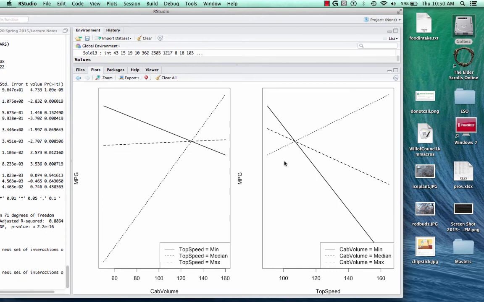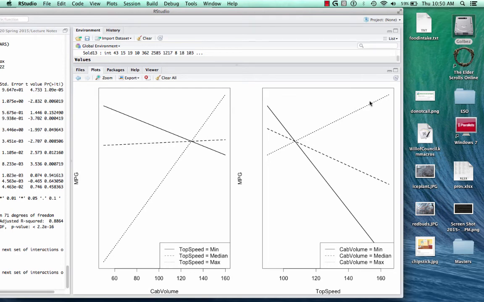All right, same story, different angle here. Here's the relationship between fuel efficiency and top speed for different sizes of the car. For the smallest cars, the relationship between fuel efficiency and top speed is very highly negative. For the median value of car size, we still have a moderately negative, but not nearly as negative, relationship. And by the time we get to the largest value of cab volume, it is somewhat positive.